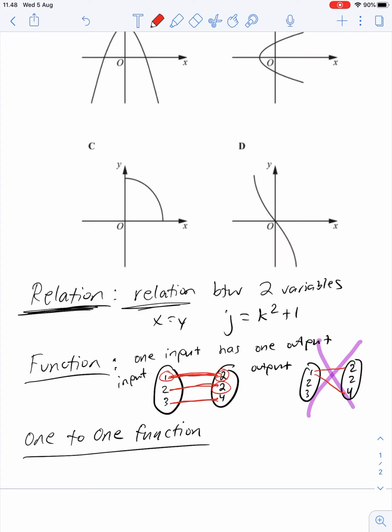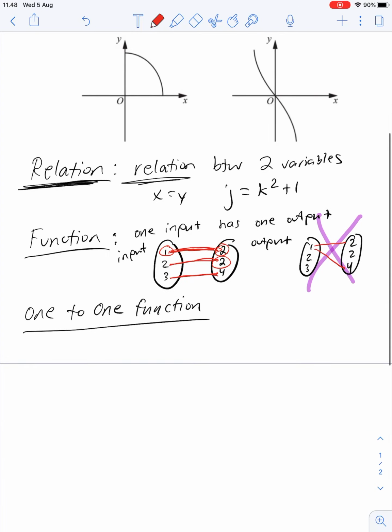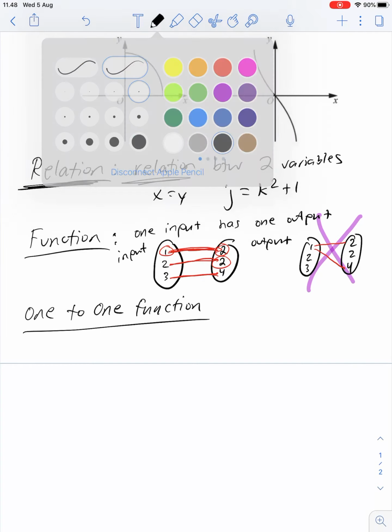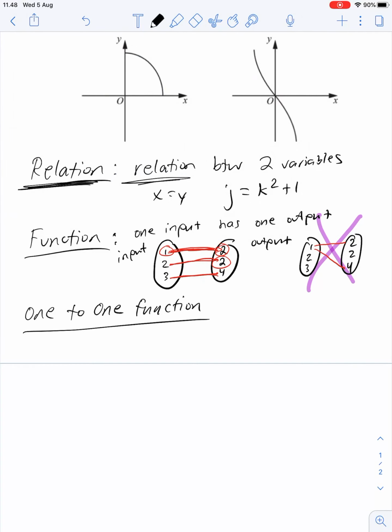Okay. Now, one-to-one function's even more specific. A one-to-one function, 1, 2, 3, 10, 11, 12.